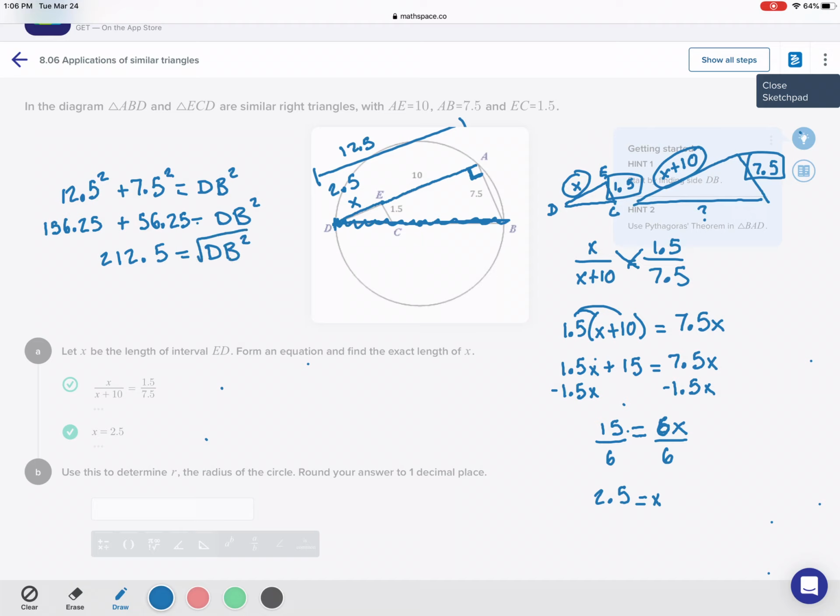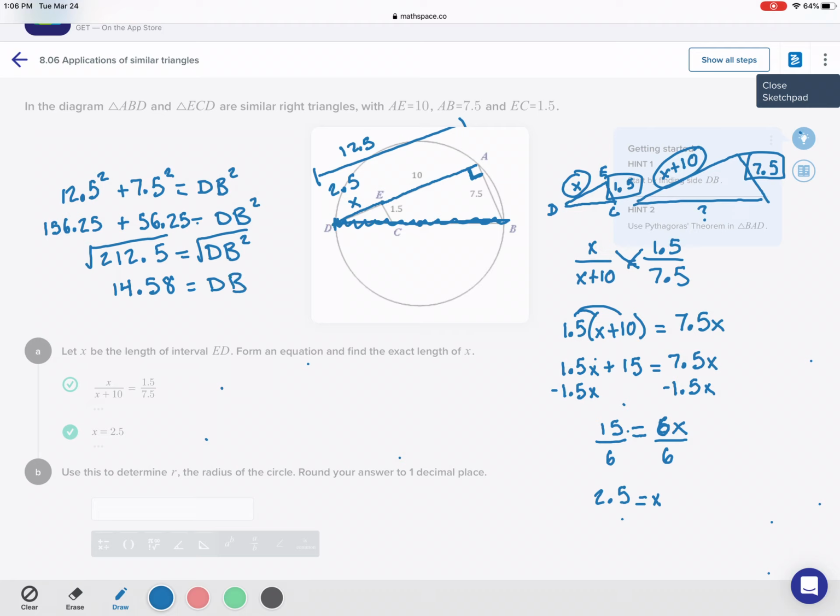So now to find the length of that side, we're going to take the square root of 212.5. It wants us to round to one decimal place, so this is like 14.58. That was the full length.